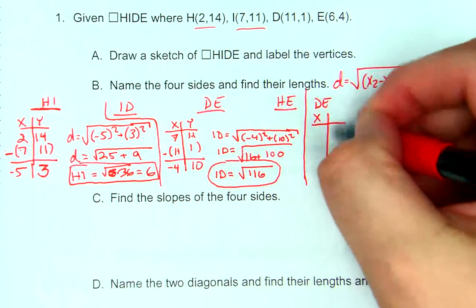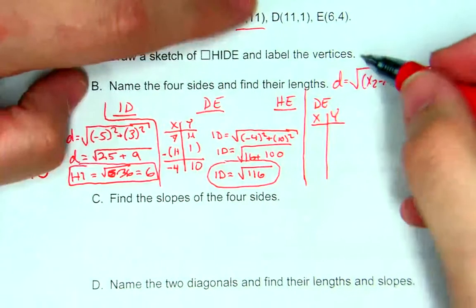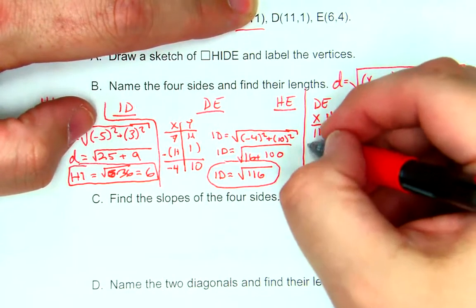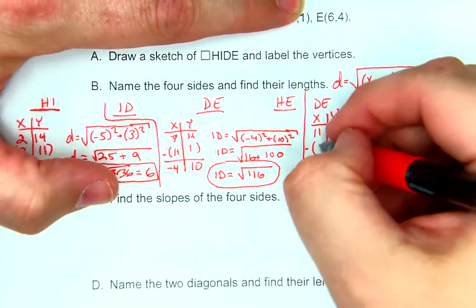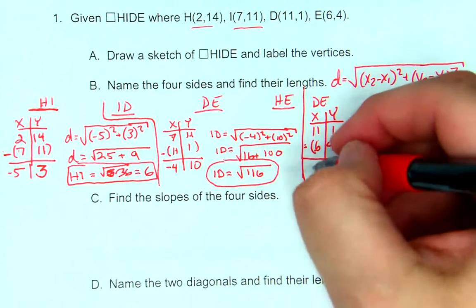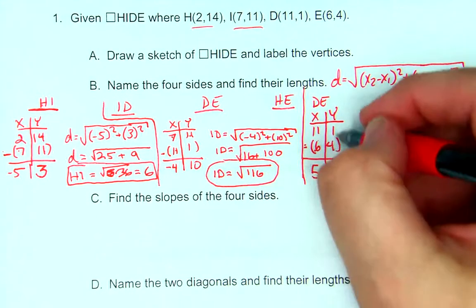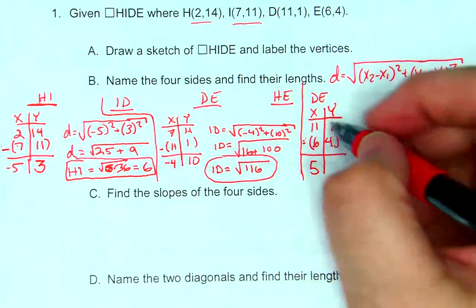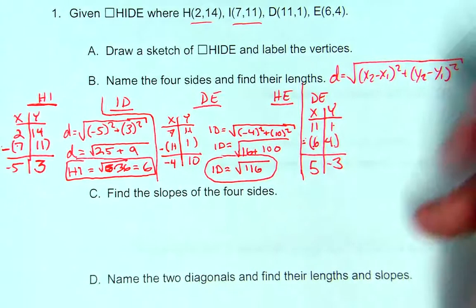Do my XY. D is 11, 1, and I'm going to subtract off 6, 4. What's 11 minus 6? 5. 1 minus 4 is negative 3.